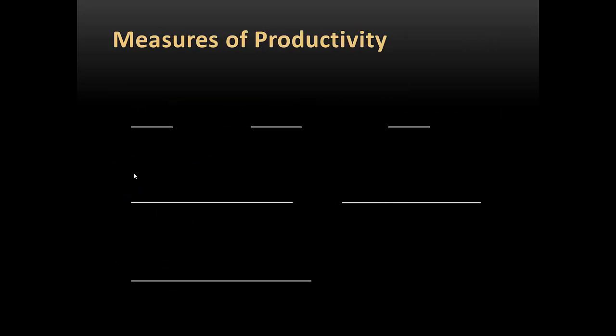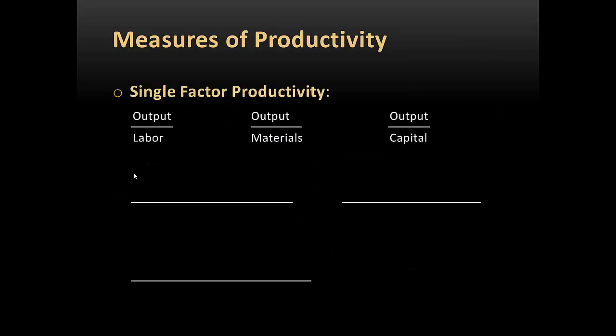There are different measures of productivity. The first one is single factor productivity, where output is divided by labor. So you can determine how many units of output you are producing per unit of labor.